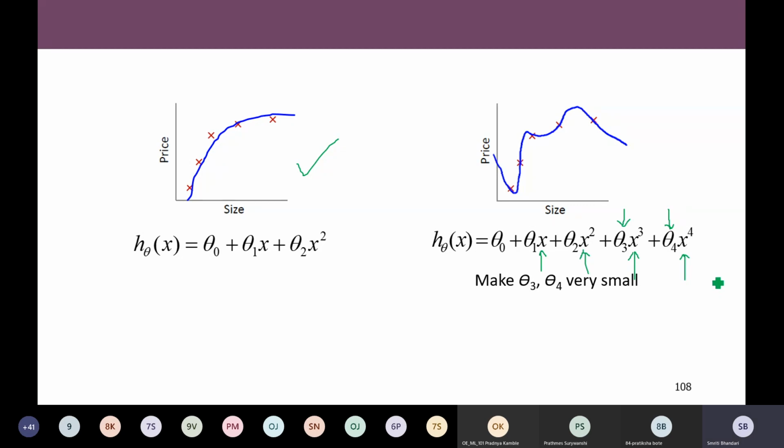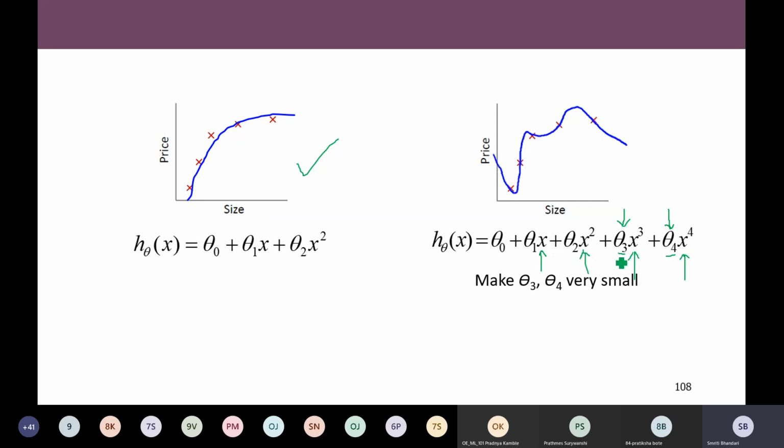If we have these theta 3, theta 4 values very small, we are reducing the parameter value. Then obviously the effect of the feature x cube and the feature x to the power 4 is negligible. The contribution of x3 and x4 will be negligible, because I am reducing these values of theta 3 and theta 4.